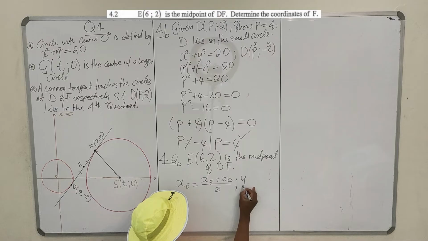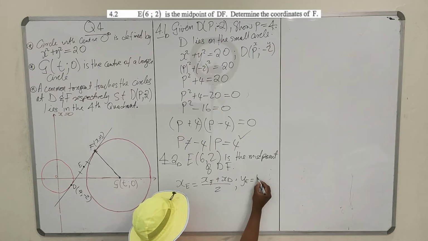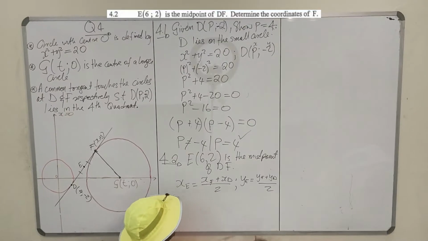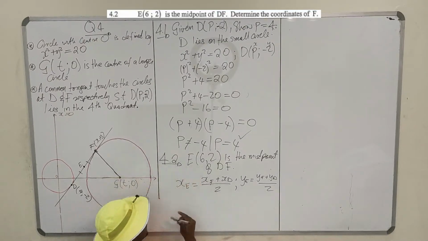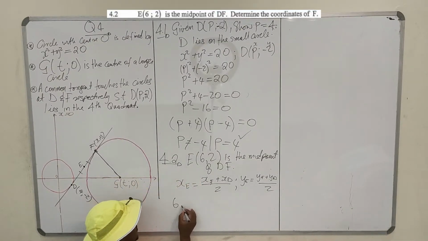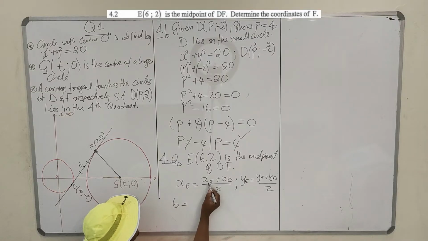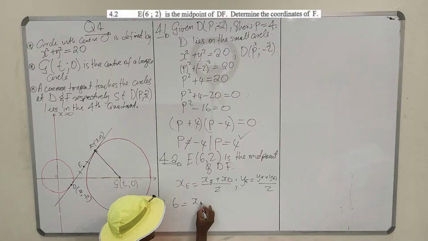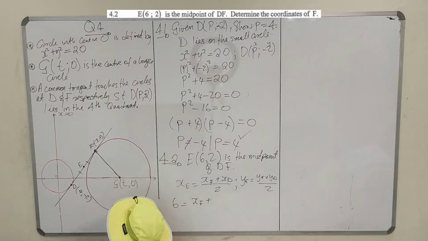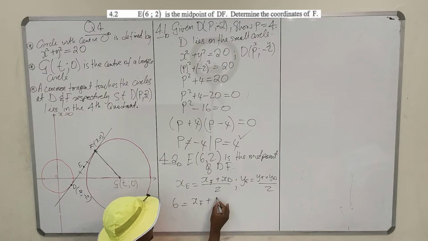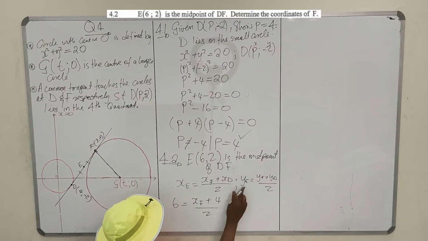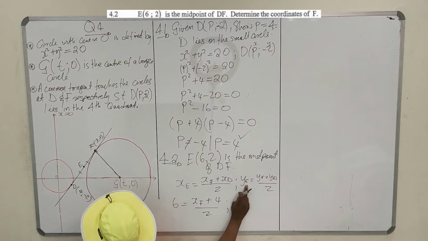And the y-coordinate of E is equal to the y-coordinate of F plus the y-coordinate of D, divided by 2. You know the x-coordinate of E is 2, equal to the x-coordinate of F, which is what you're trying to find, plus the x-coordinate of D, which is 4, all over 2. Let's do the same thing for this one. The y-coordinate of E is equal to 2.